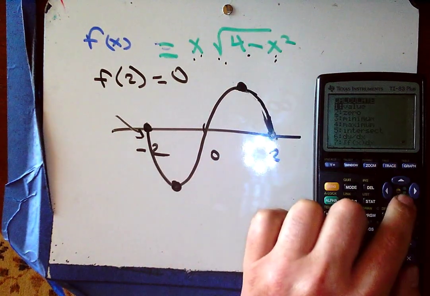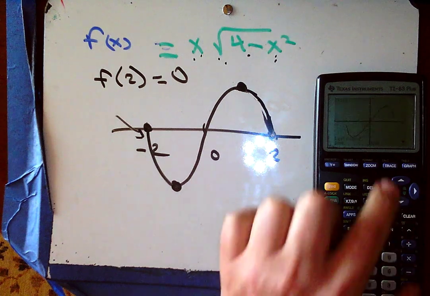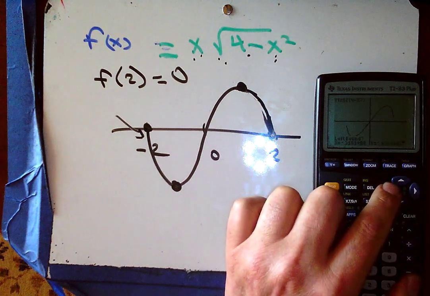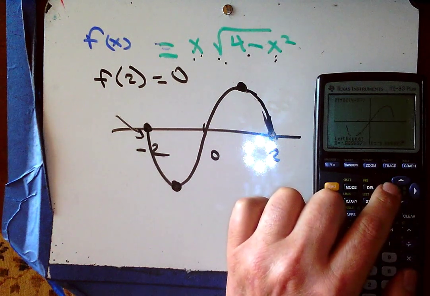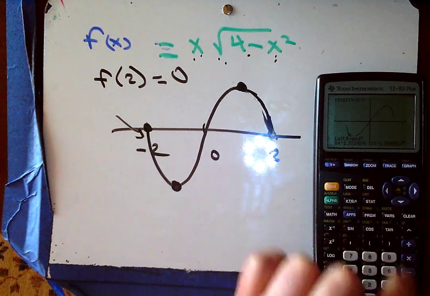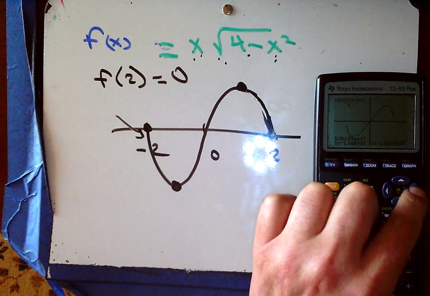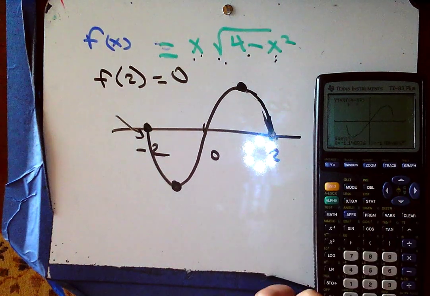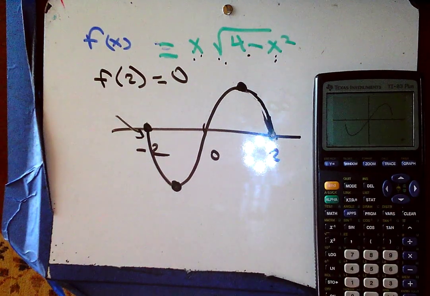So second, calculate minimum. Go to the left side of the minimum and hit enter. Go to the right side of the minimum and hit enter again.